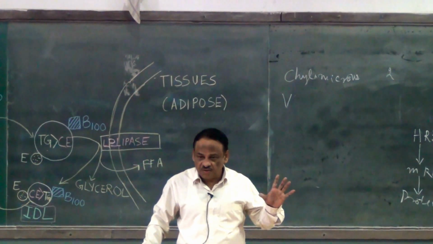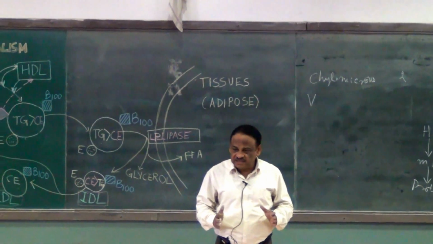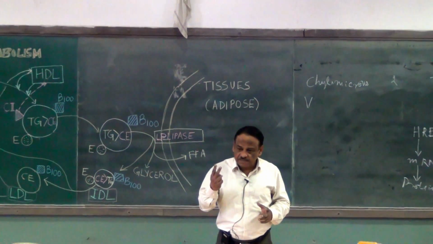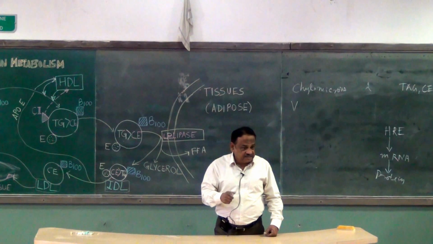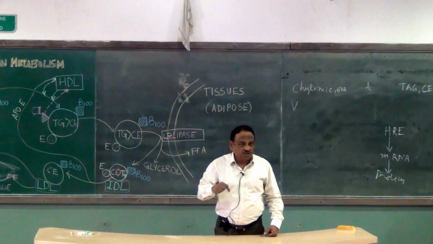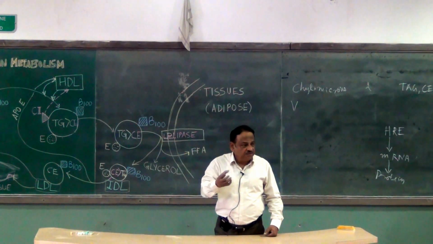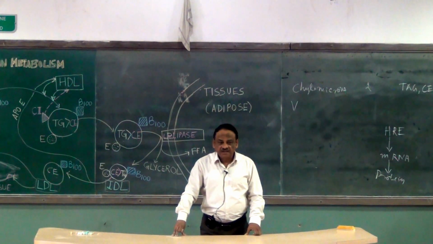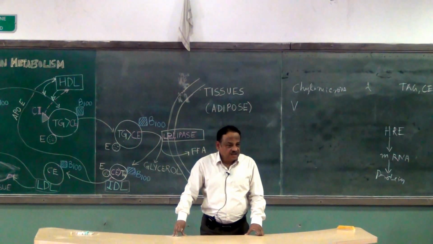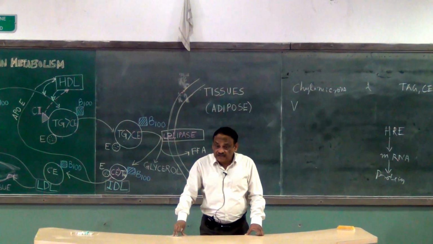This part you know. So the control of cholesterol present in the cell is two ways. One is it will inhibit the HMG-CoA reductase step so that less cholesterol is formed, and the uptake of new cholesterol into the cell is prevented, that is by reduction of the number of LDL receptors.